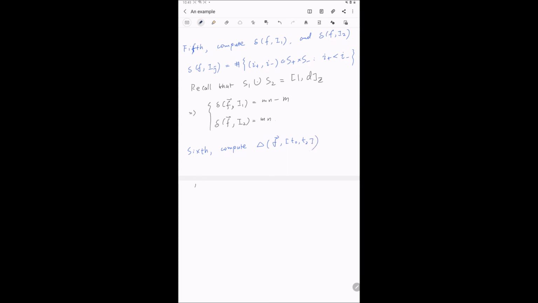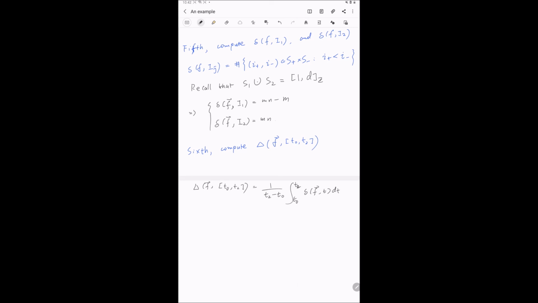Remember that this is defined by the integral average, where the integral is from t0 to t2, and the integrand is the little delta we just computed.